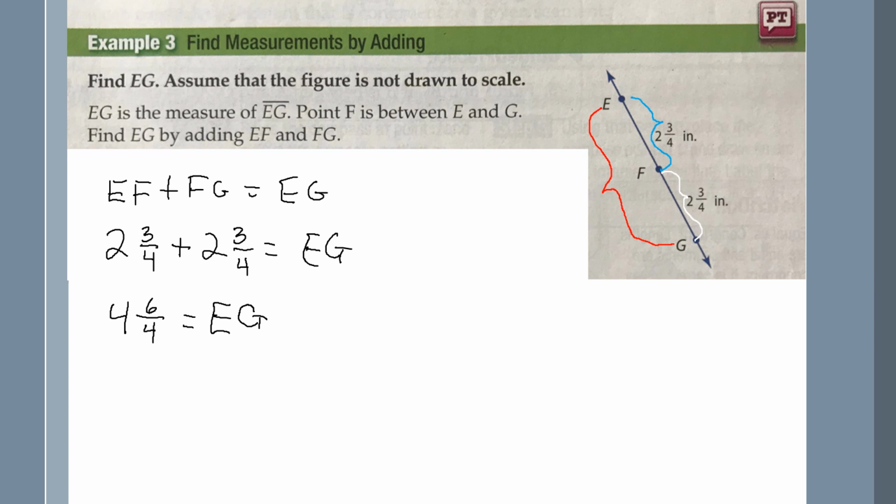Now I'm showing all these steps, right? 6/4, that's equal to 1 1/2. So 1 1/2 plus 4 gives me 5 1/2, which is equal to the length of EG. Okay?